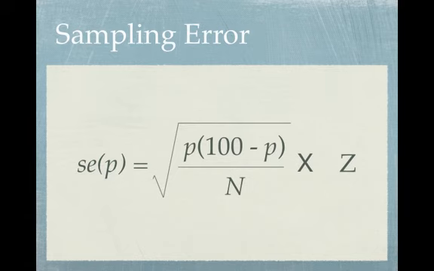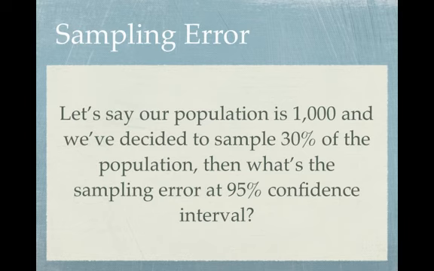So let's say that our population has 1,000 people in it, and we've decided to sample 30% of the population. Then using the formula, what is the sampling error at 95% confidence interval? So try to calculate it yourself. You can pause the video and calculate it and check again if you have a similar result.